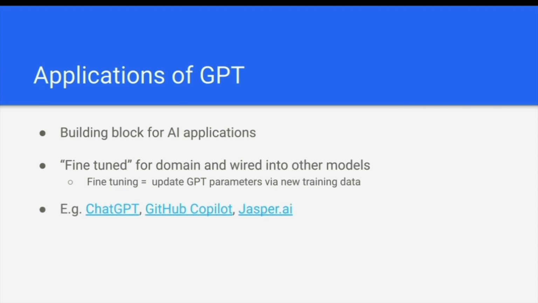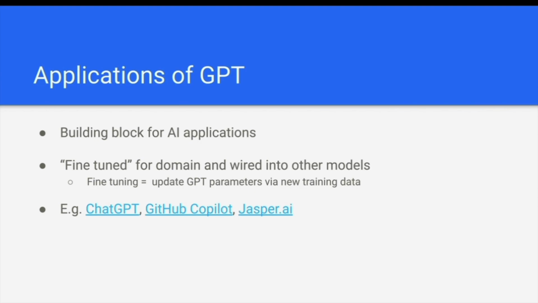Some good examples of this are in these applications. ChatGPT, we all know about. GitHub Copilot is another one that probably a lot of people are familiar with. That's also built off of GPT using a model called Codex that's specifically trained on code and generating code.